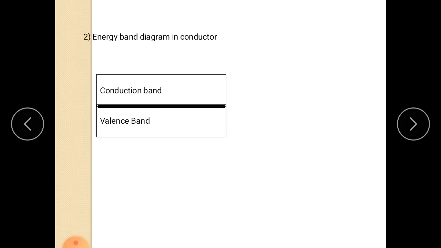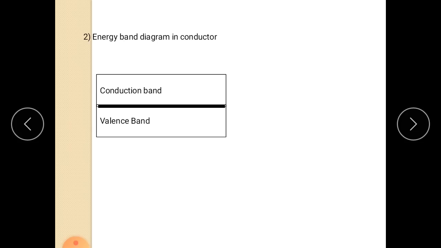Second, the energy band diagram in conductors. For conduction to take place in an insulator, an electron must be given a large amount of energy to jump from the valence band to the conduction band. But in case of a conductor, there is an overlapping of the valence band and conduction band.